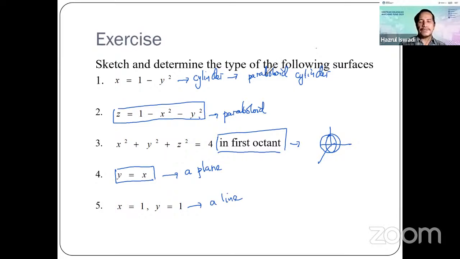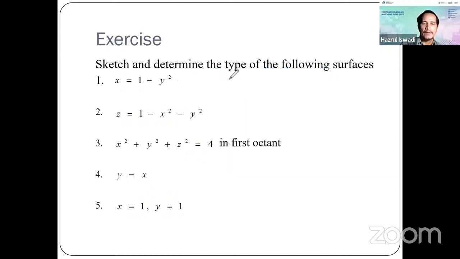Okay, after we know the classification or types of the surfaces given in this exercise, we will sketch these surfaces one by one. We start with the first exercise. As we know before, the types of cylinders depend on the generating curves.